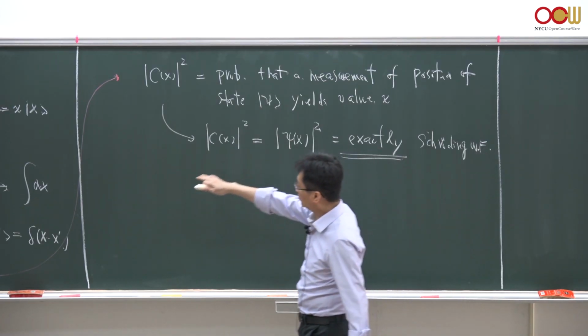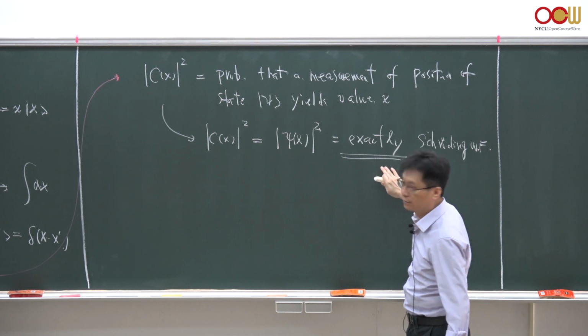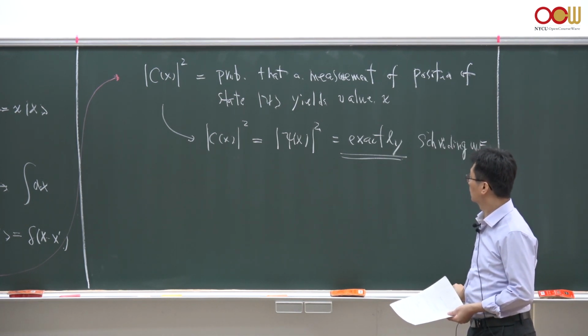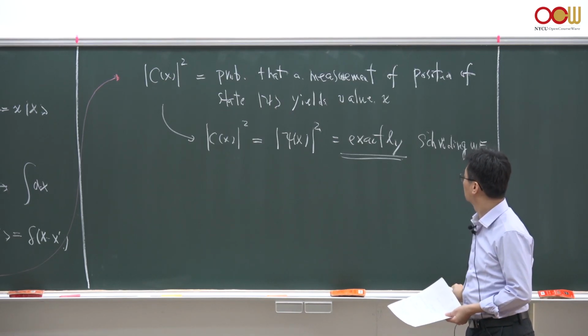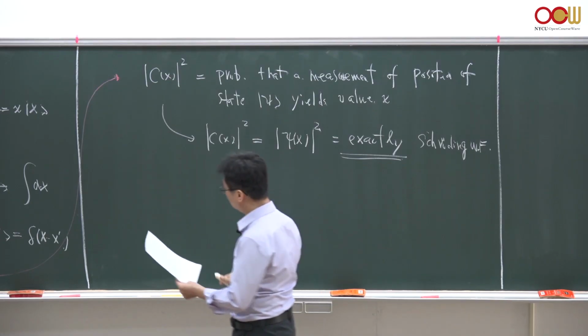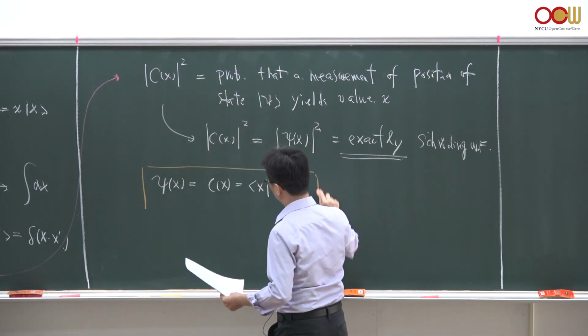And in the expansion theorem, the c of x squared has exactly the same meaning, the probability of finding a particle at a given value x. As a result, we could really identify these two. This is something non-trivial. This is very important.